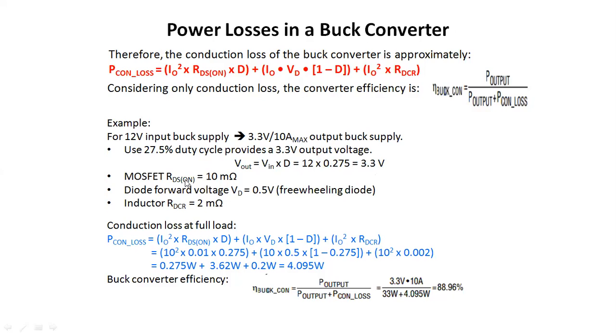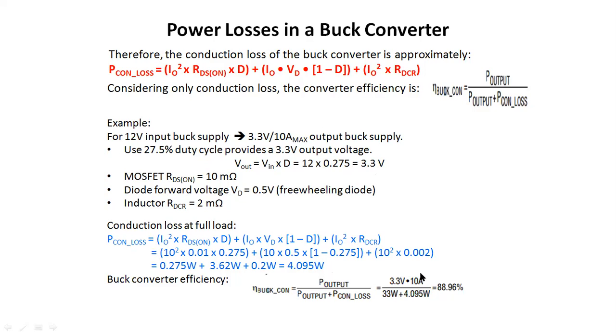Again, they are giving the DS resistance, the drain source resistance for the on condition. They have given the diode forward voltage VD, which we require, and the inductor resistance. We can put these values in and you will get the conduction loss. Now we have the output voltage and output current, so we can derive the output power, 3.3 times 10.